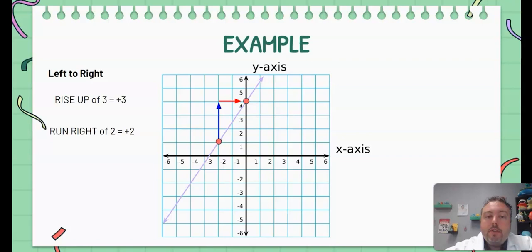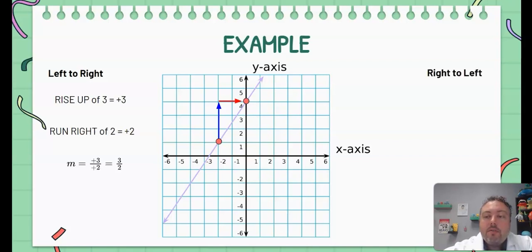Then I'm going to move 2 to the right, which corresponds to +2. So when I set up my slope as rise over run, I get +3 over +2. And since 2 doesn't go evenly into 3, I just leave it as a slope of 3/2.